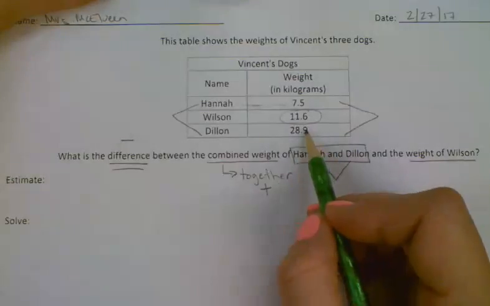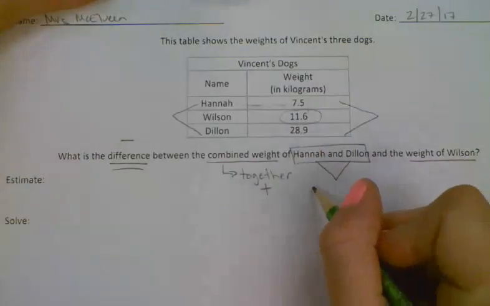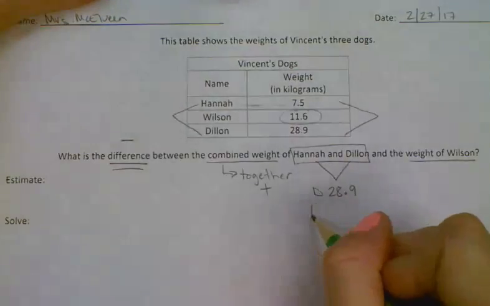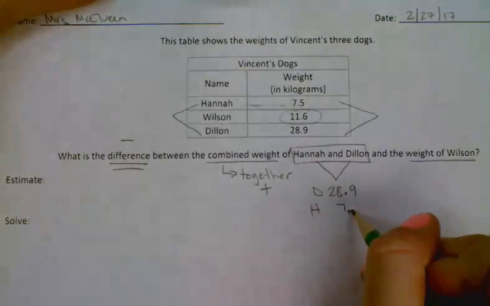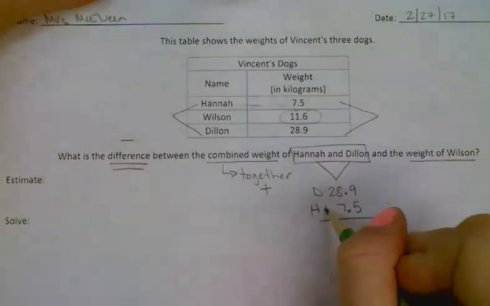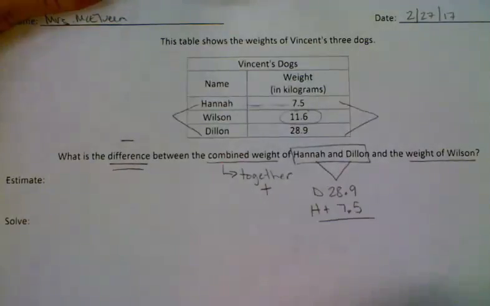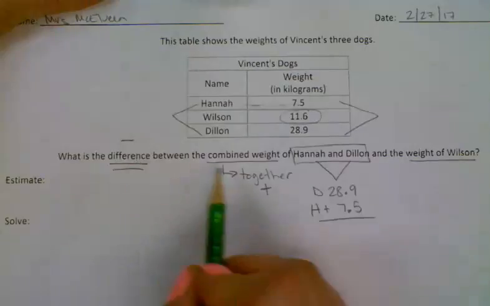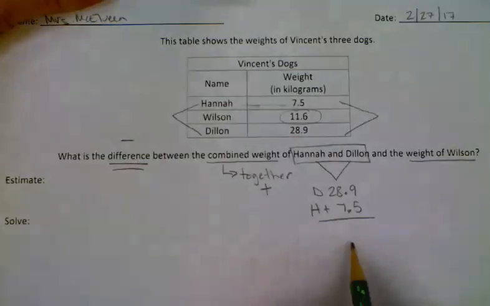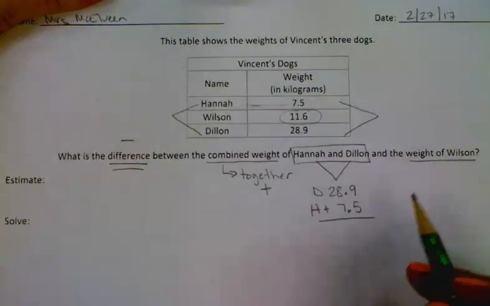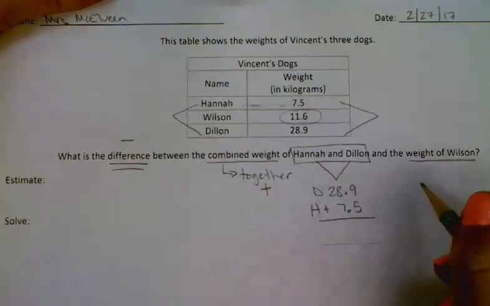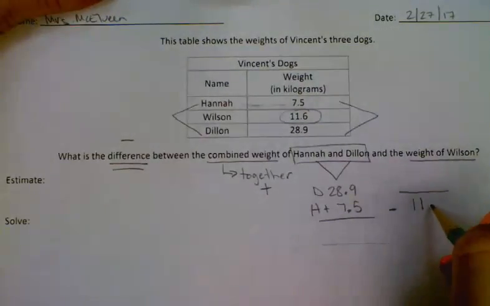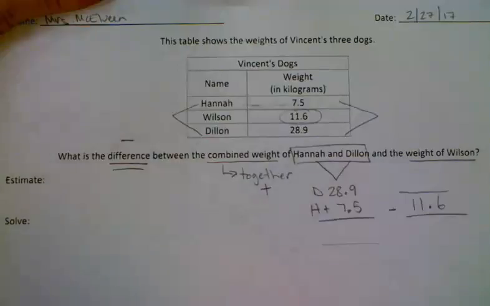So if I am combining Dylan, 28.9, and Hannah, 7.5, I need to add those 2 weights. But it wants to know what's the difference between Hannah and Dylan's weight and the weight of Wilson. So whatever I get here, then I'm going to subtract Wilson's weight to figure that out.